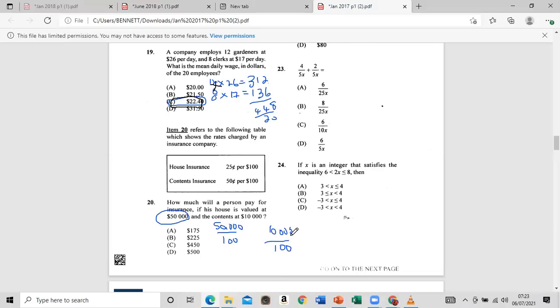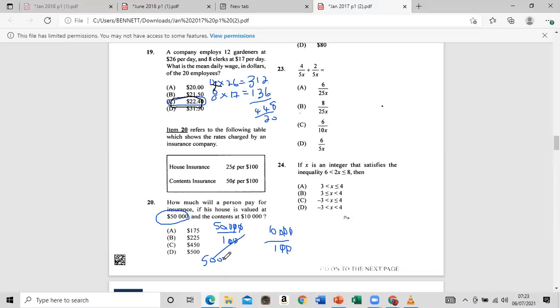So the zeros will go, right? This is 100 times 50 for this one. Let me just cross off them two. So this works out to 500 times 25 cents.